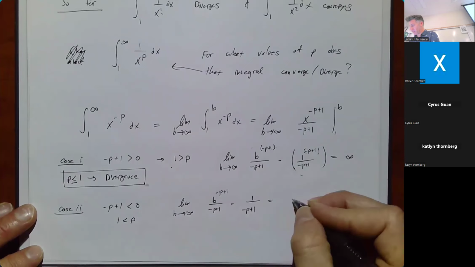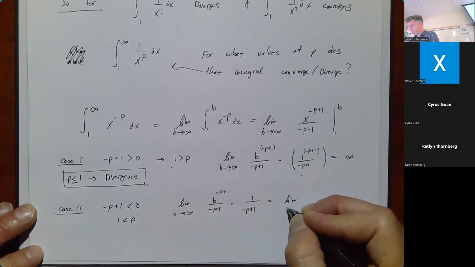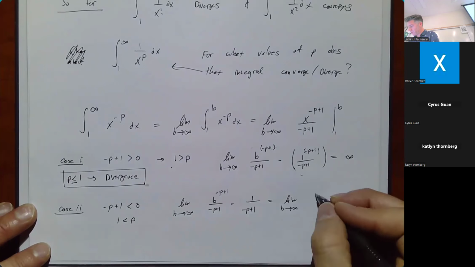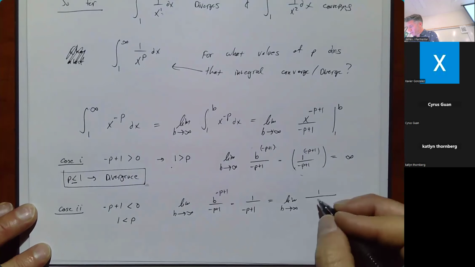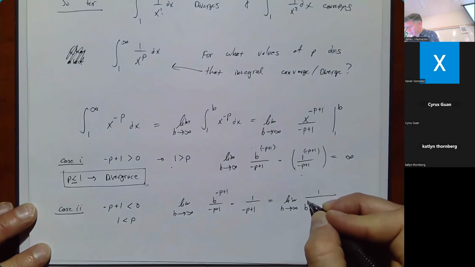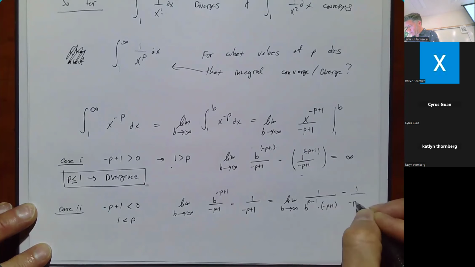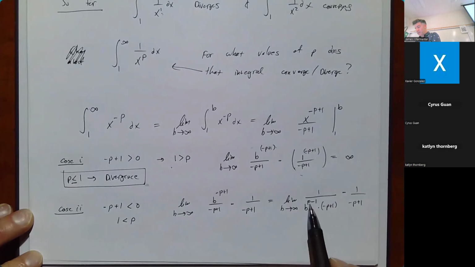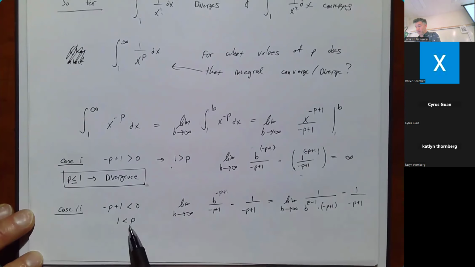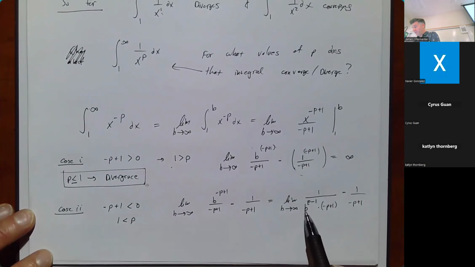So if I rewrite this as the limit as b goes to infinity of 1 over b to the positive p minus 1 times negative p plus 1, minus 1 over negative p plus 1. P minus 1 is positive because p is bigger than 1. And infinity to a positive number is infinitely large.